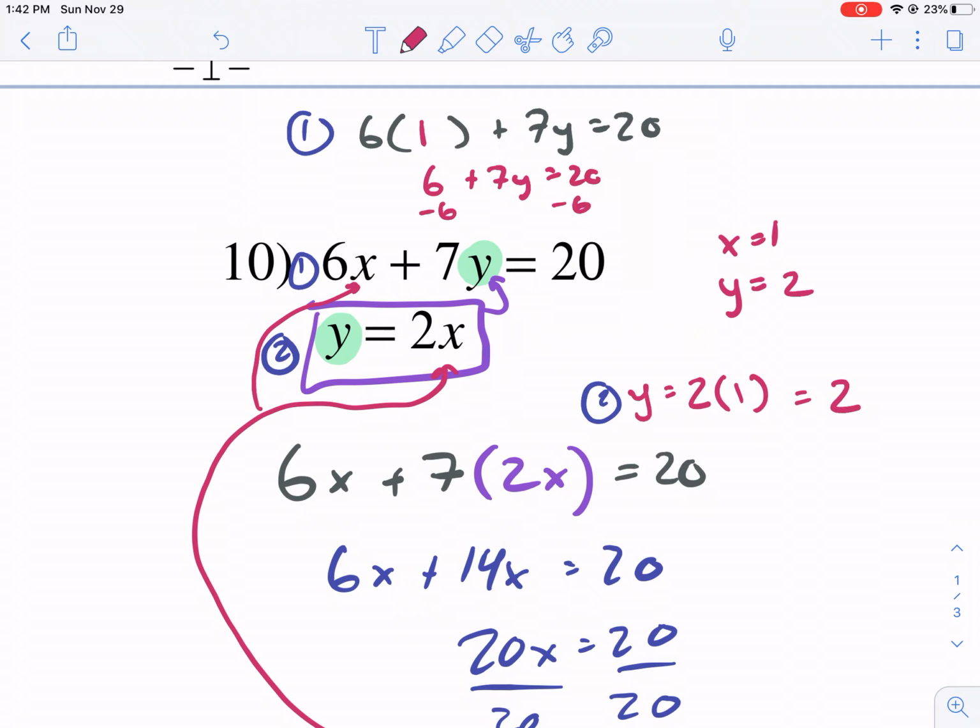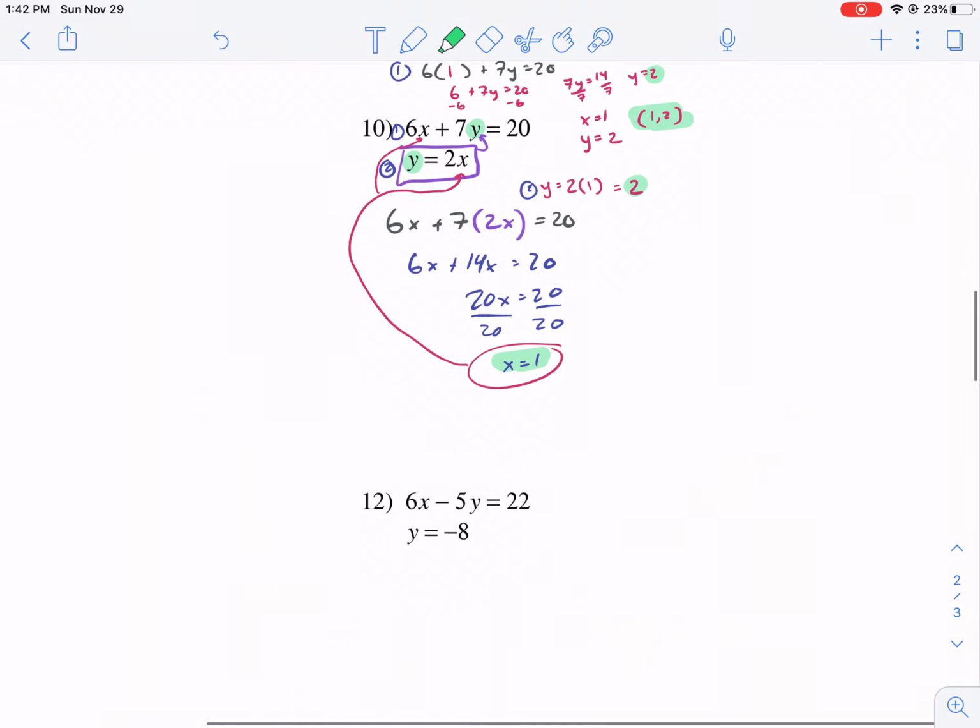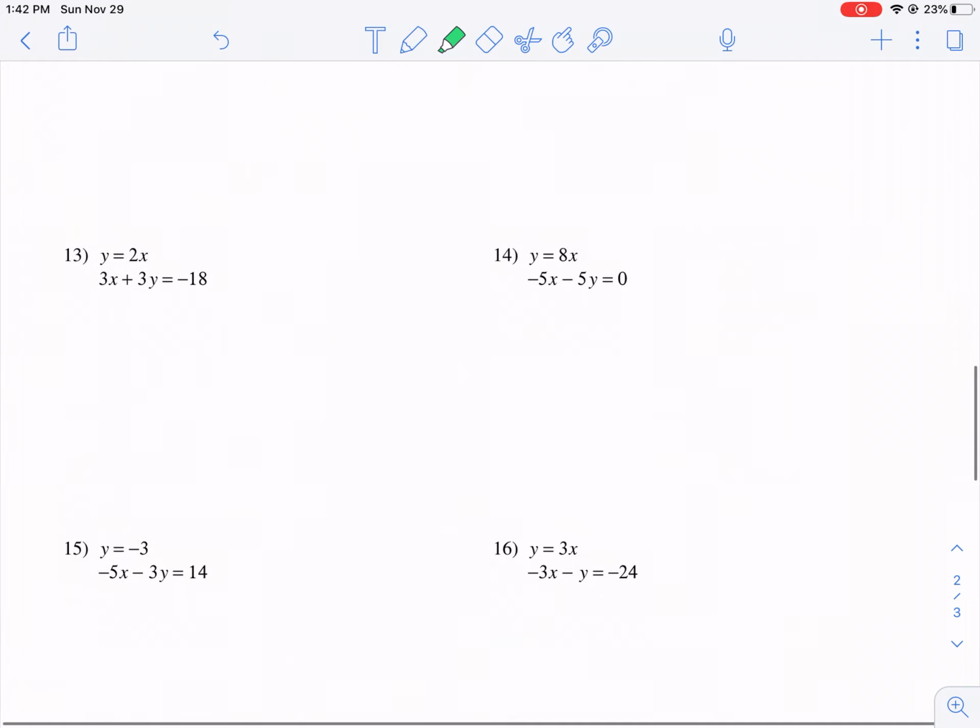I'm solving for y here. So we get 7y equals 14, divided by 7, divided by 7. I get y equals 2. So see how I got the same thing using two different methods? So my final answer is going to be 1, 2, because that is the location, the point where the two systems cross each other. And all these other problems are exactly like that.